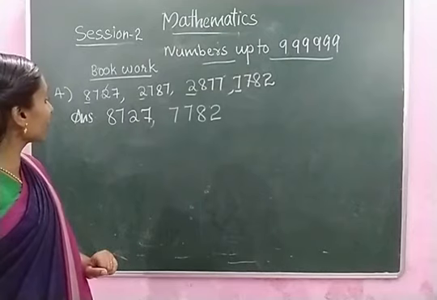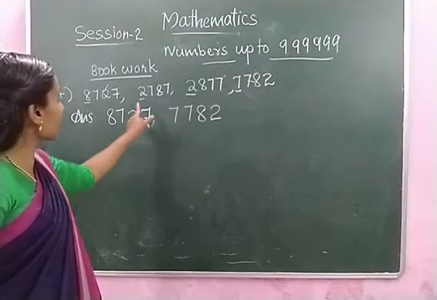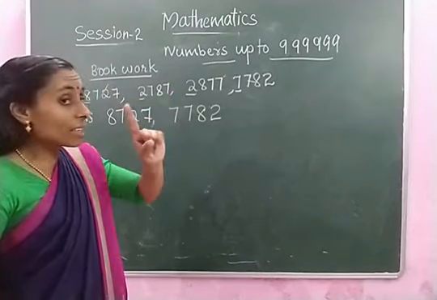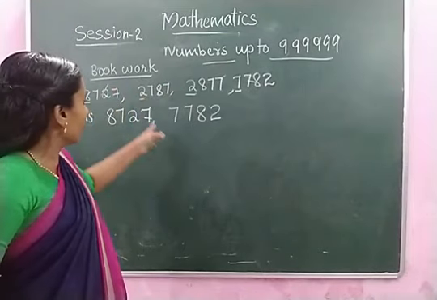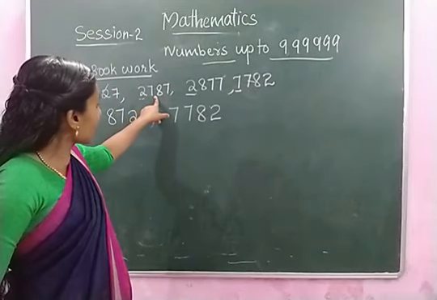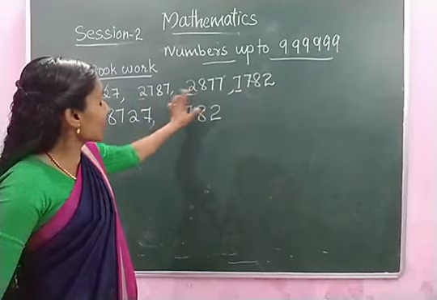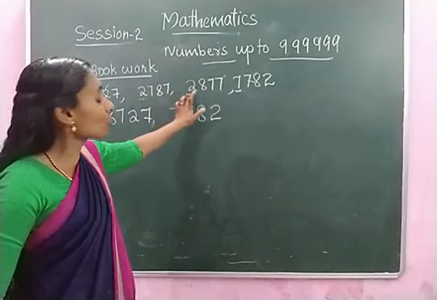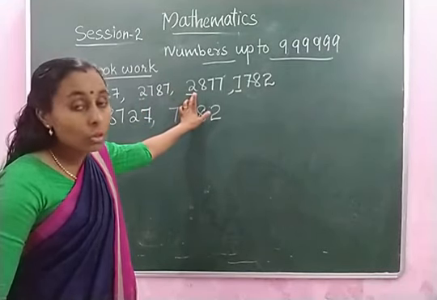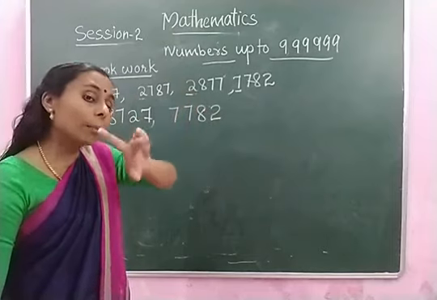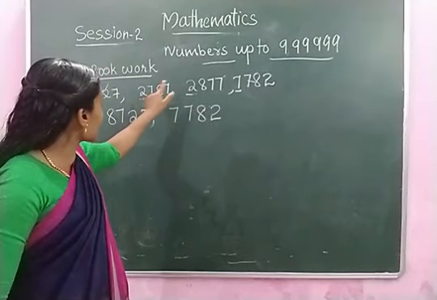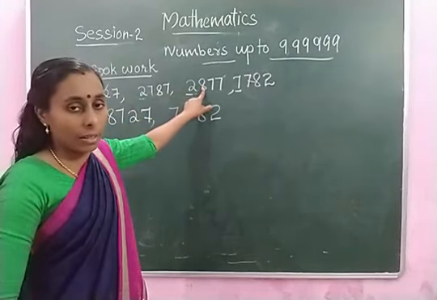So what can we write here? Which is the biggest number? To arrange the numbers from bigger to smaller. Here both numbers have 2000, so we have to go to the hundreds place. Here 700 is there, here 800 is there.